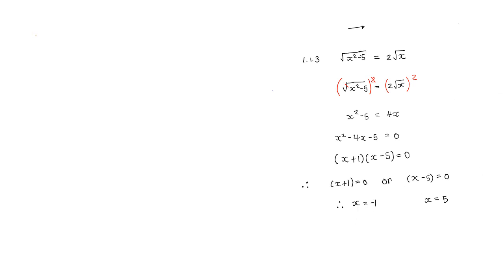So we have the left hand side, which is equal to the square root of x squared minus 5, and we want to check when x is equal to negative 1. So we'll be dealing with the square root of negative 1 squared minus 5. Negative 1 squared is a positive 1.